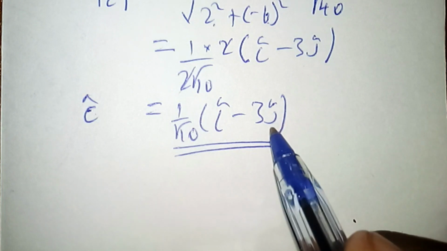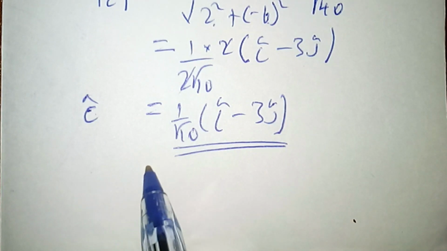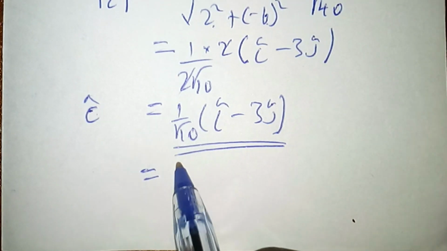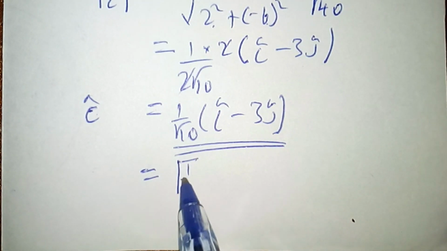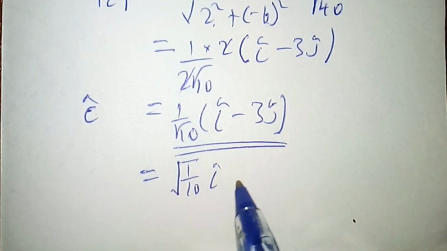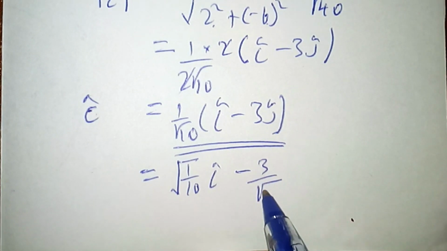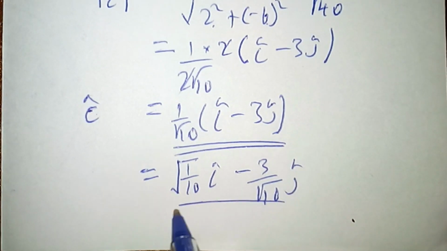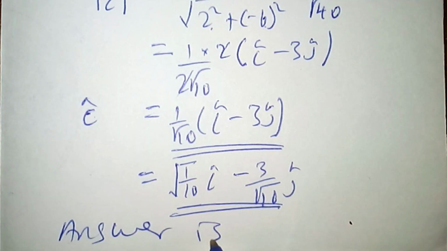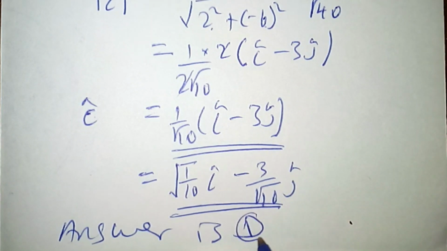We can still rearrange: the unit vector C is equal to 1 over radical 10 i minus 3 over radical 10 j. So the answer is D.